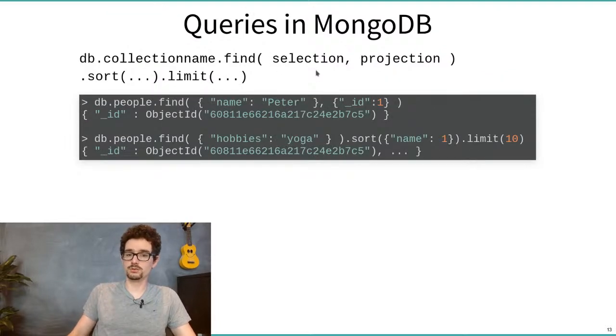So you don't need to use an in operator or something. By default, you can simply say hobbies yoga. This would match documents that have hobbies with the value string yoga, but it would also match documents that have hobbies as an array in which the string yoga appears.